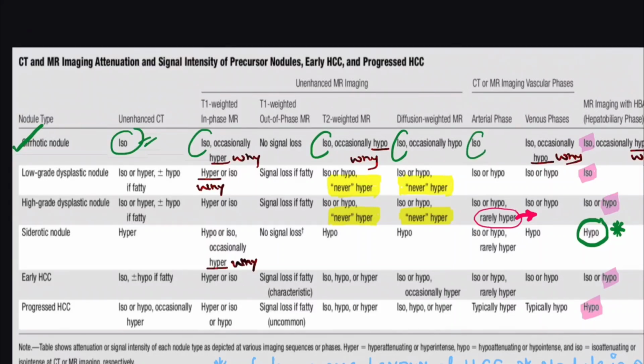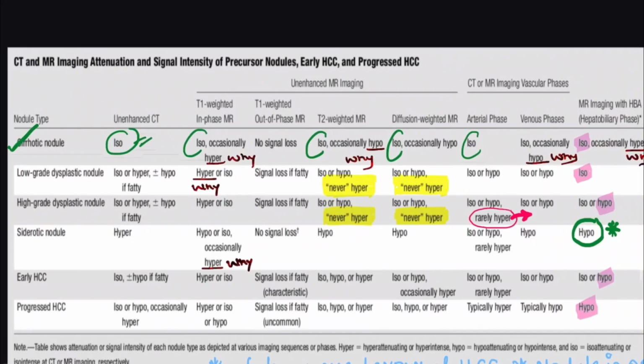On arterial phase, they are hypo. There is no angiogenesis, so they just take up the contrast as that of the rest of the liver parenchyma. On venous phases also they are ISO, but they can be hypo also, because sometimes they are taking less contrast as compared to the background liver.